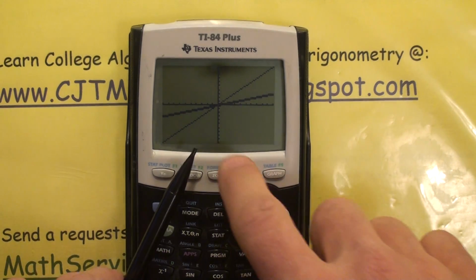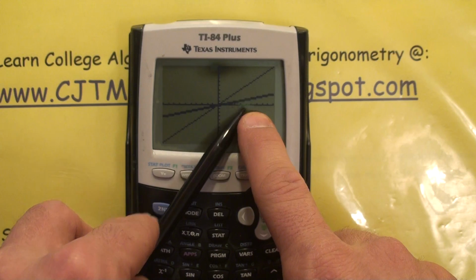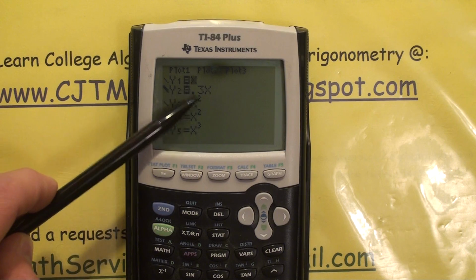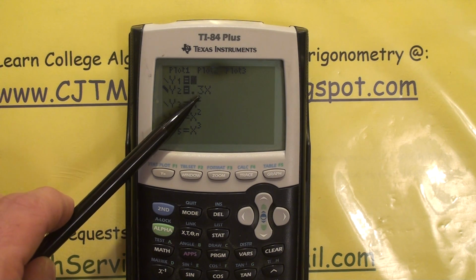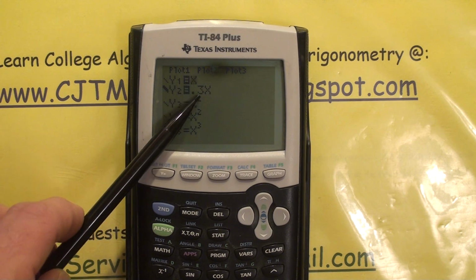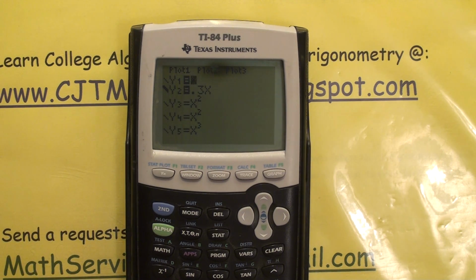So if you go over 5, it'll be up whatever 30% of 5 is, a little less than 2. So hopefully we understand that this value in front of x, if it's more than 1, it's going to be steeper than the original. If it's less than 1, it's going to be shorter than the original, or wider, less steep. Okay, let's move on.